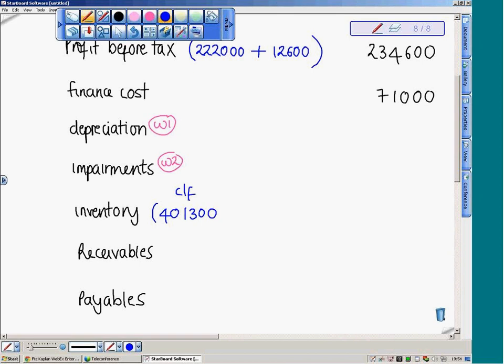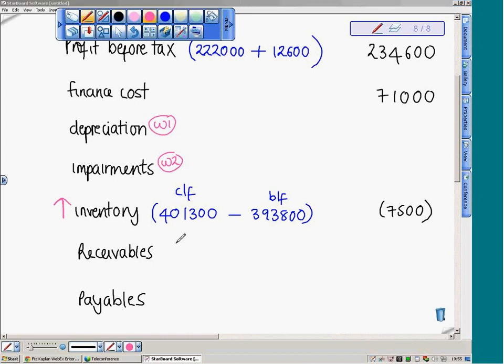They give me that as a carry forward, the current year position, and compare that to the 393,800, the brought forward number. Okay, if I compare the two, what I notice is that inventories have increased. Now, inventories increased during the year. You can assume that maybe they've gone out and bought some inventory. So buy some inventory, that's a negative impact on cash. Okay, think of that as a reduction there.